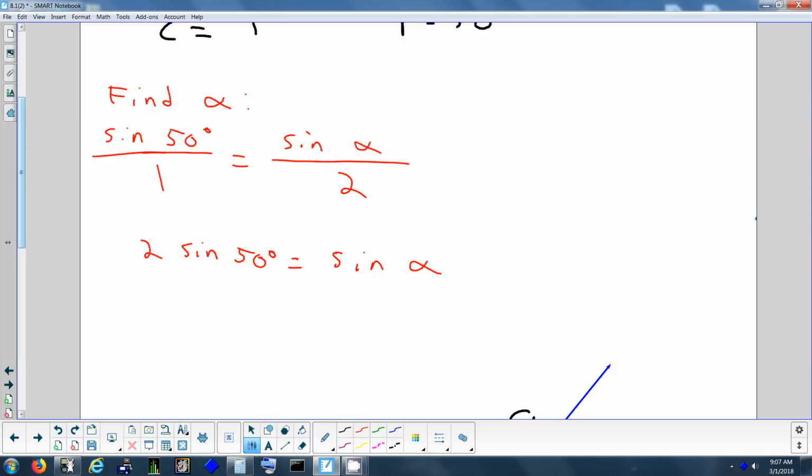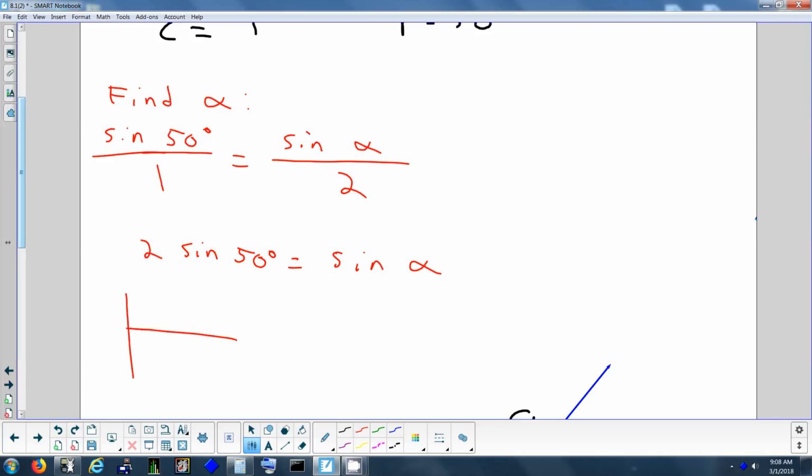It's the square root of 2 over 2. So when you put in 45 and then press sine, you hit enter, the decimal that you get is 0.707.